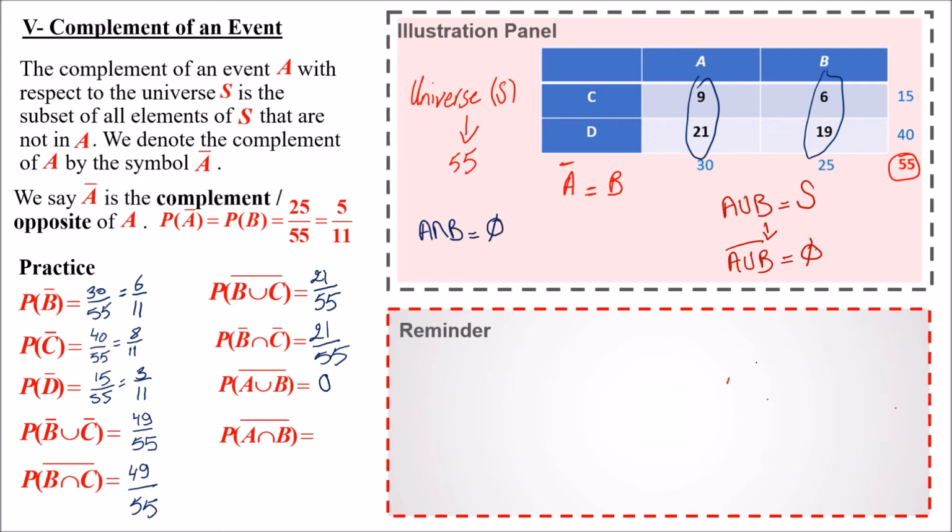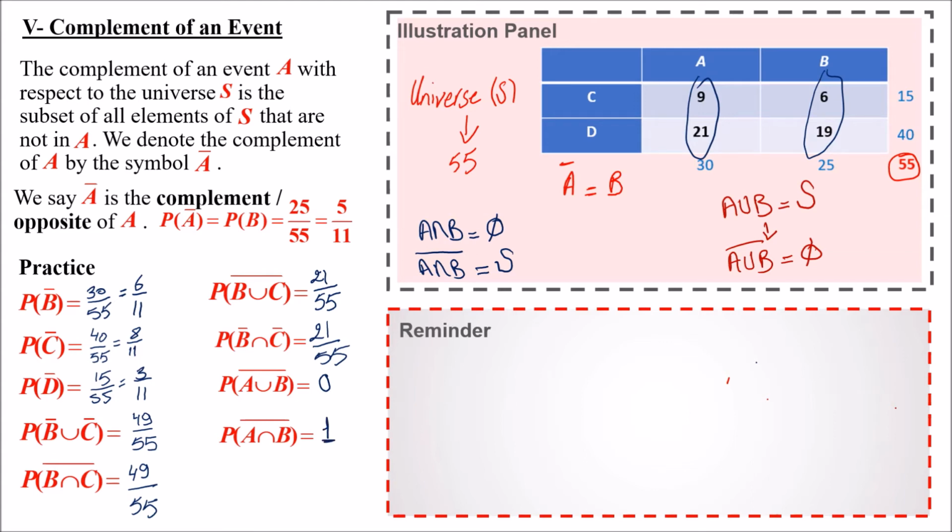What completes this to attain the universe? It's the universe by itself. So if A intersection B is phi, then A intersection B bar is equal to the universe S. And what's the probability of S? For sure it is 1.